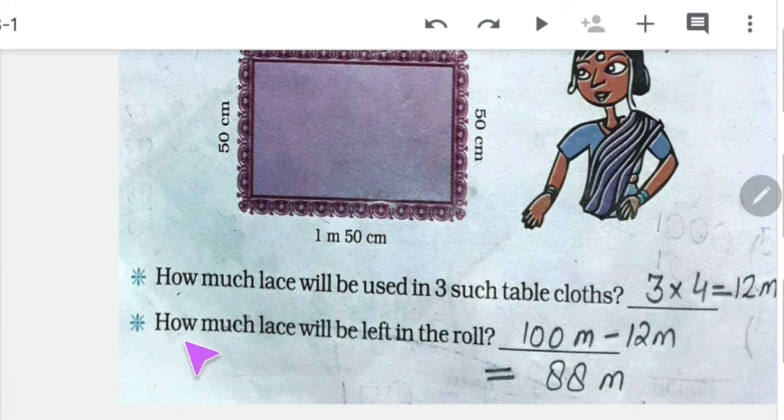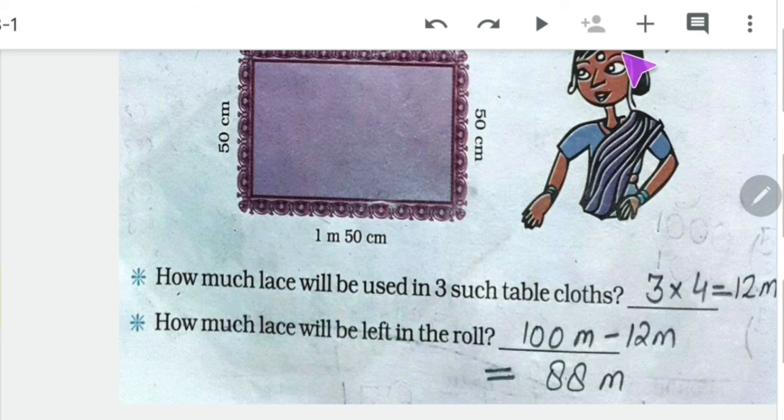Now the next question is, how much lace will be left in the roll? The roll is of 100 meter and only 12 meter of lace is used for 3 such tablecloths. So that means 100 minus 12, that is 88 meter of lace will be left in the roll.